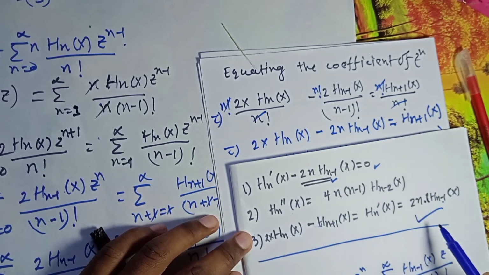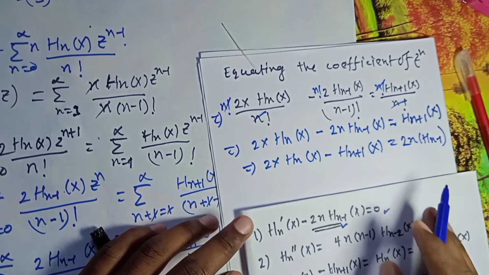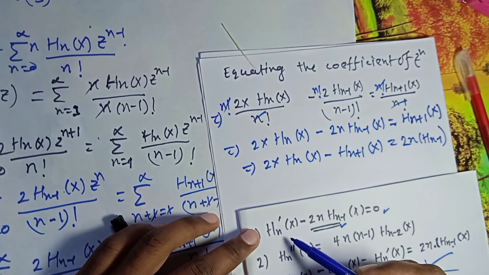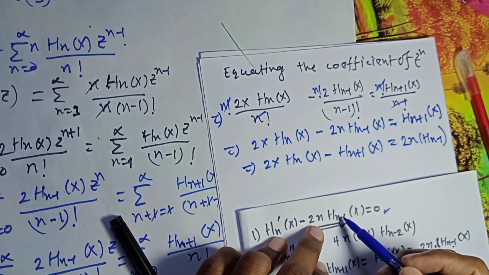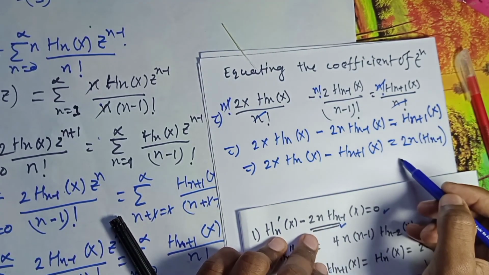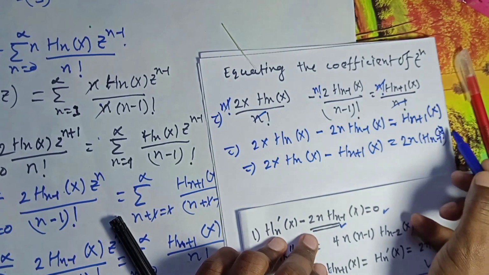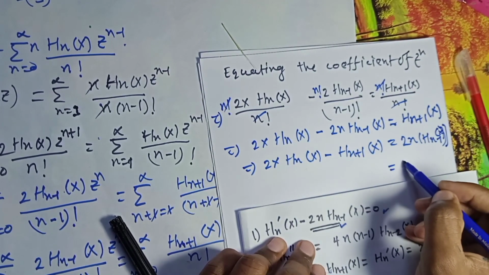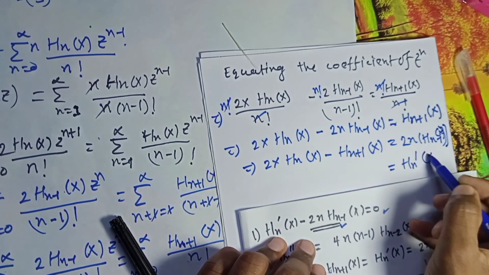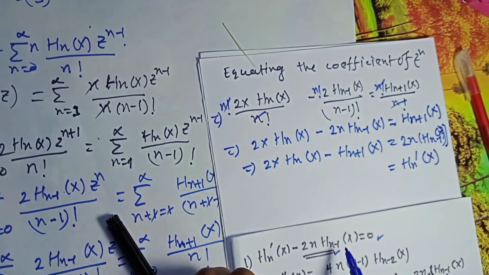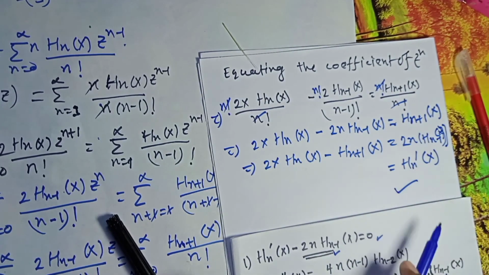We see that in the first recurrence relation, Hn dash of x is equal to 2nH n minus 1 of x, we can replace that as Hn dash of x. This is the third recurrence relation. Okay, thank you.